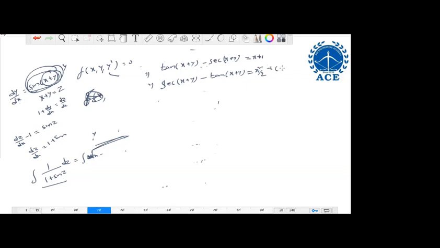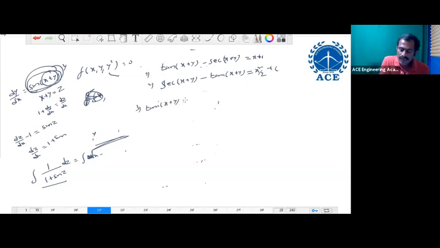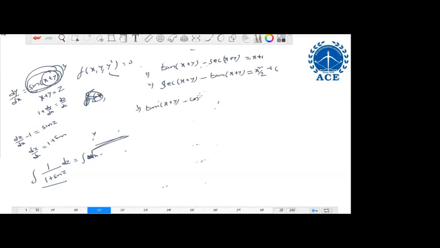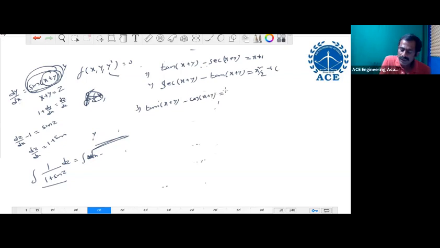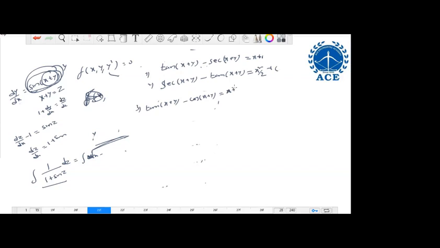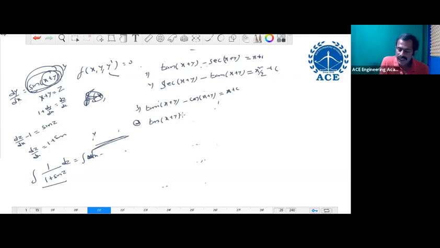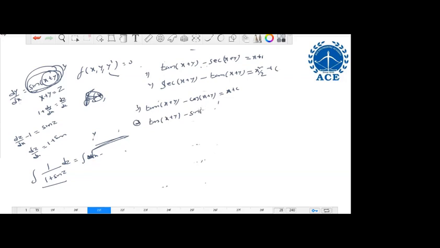Third option: tan of x minus cos of x plus y is equal to x plus c. And fourth option, in place of cos, just write cot.